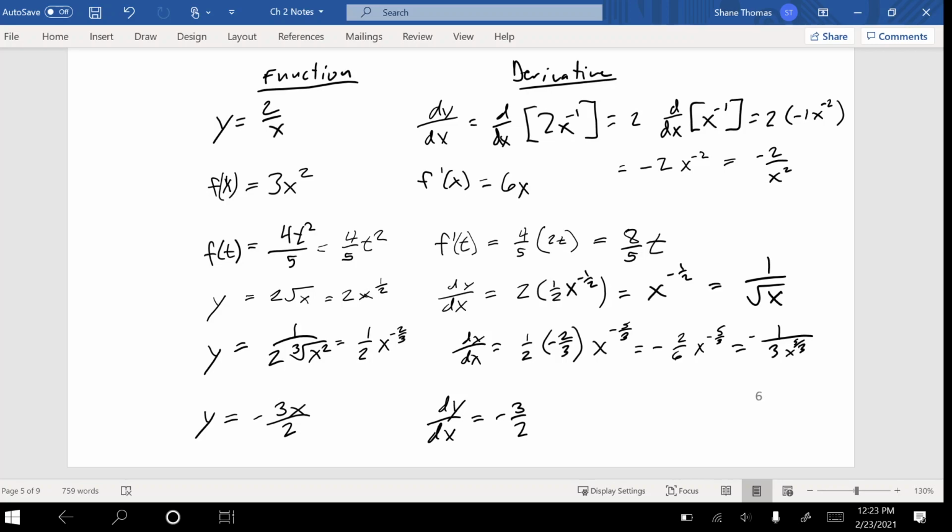Essentially bring the 1 down, 1 less for the x. x would be to the 0, so I'm just going to have times 1. So that'd be negative 3/2. All right, so really the coefficient just tags along, apply the power rule, multiply the power and the coefficient. That's really what that whole thing's about. All right, questions?